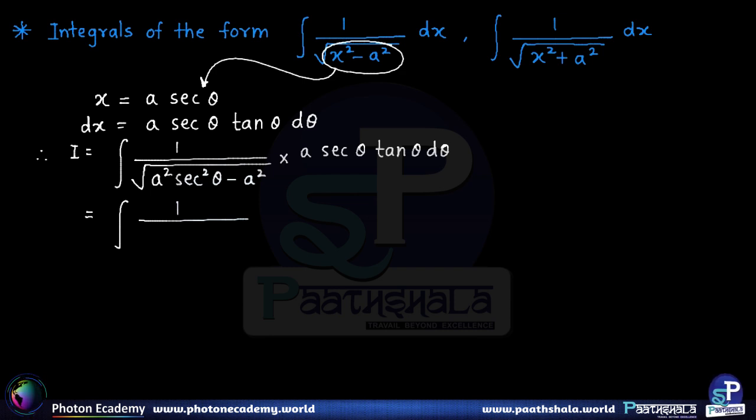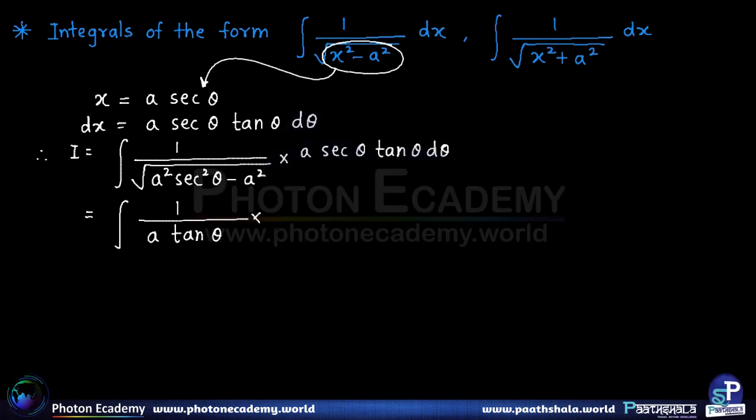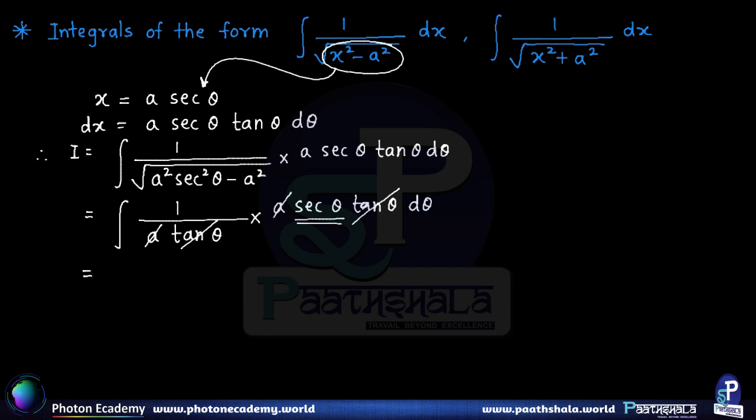So that is root of a square tan square theta. So taking root, we have just a tan theta in the denominator multiplied with a sec theta tan theta d theta, right? So here a tan theta gets cancelled and we are left with simply sec theta. And we know that the integral of sec theta, which is a standard result, is log of sec theta plus tan theta.